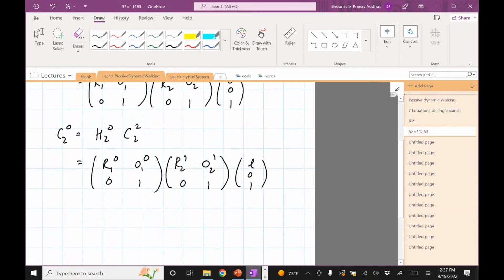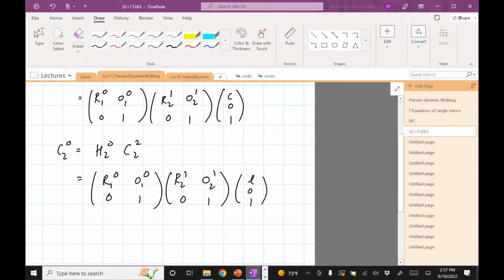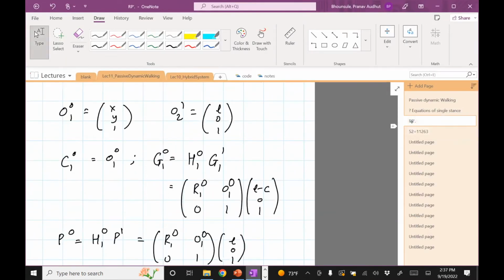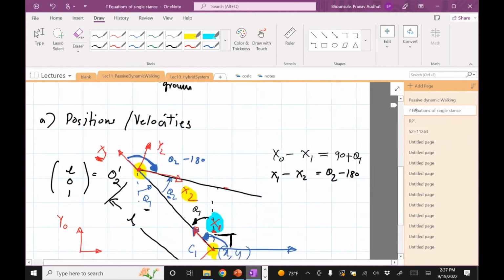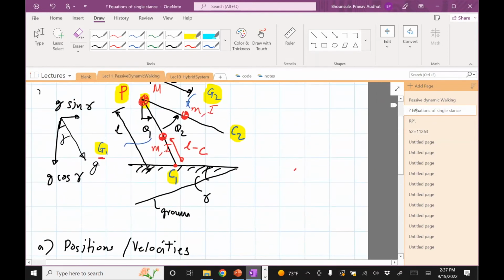You know, one more thing which I forgot to do, and I should probably do before we get into equations, is I have actually rotated gravity. One way you can do it is use g sine gamma, g cosine gamma.